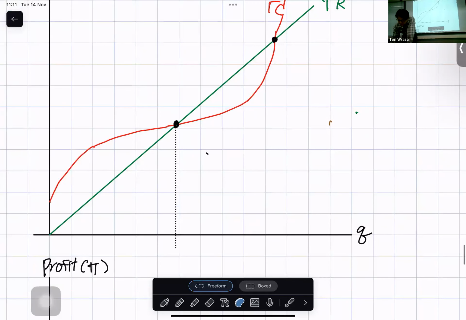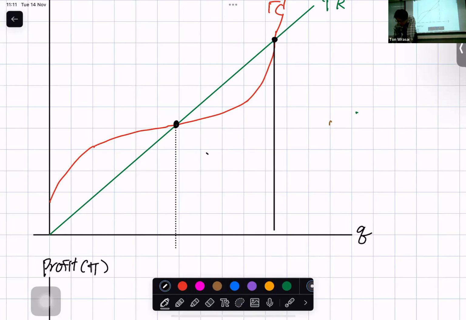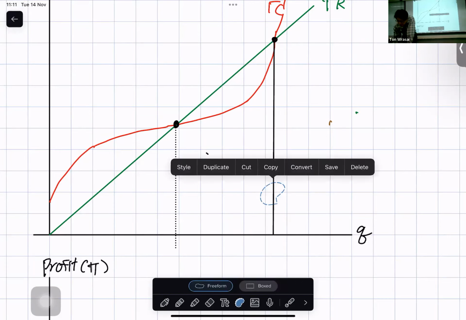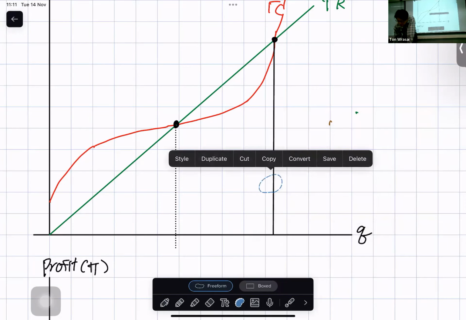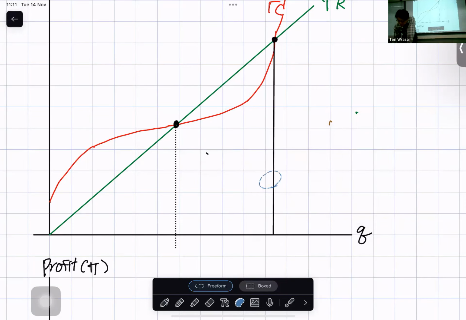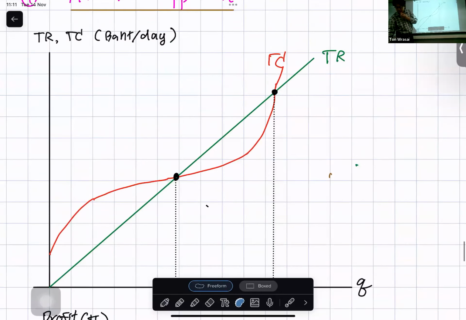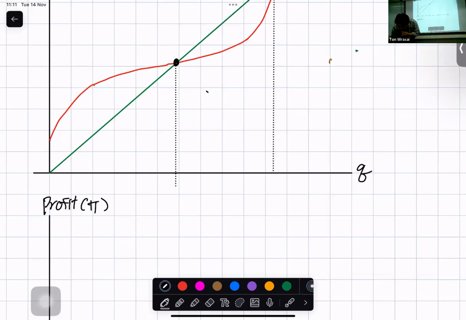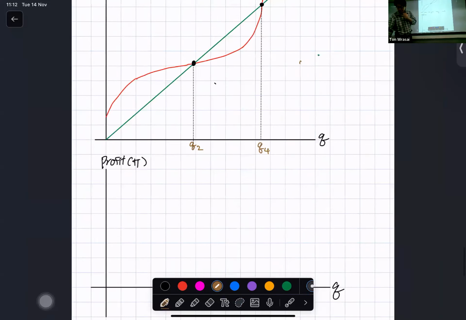Cross out. Okay, cross out. Let's call this Q2. Here, Q4. Cross out.